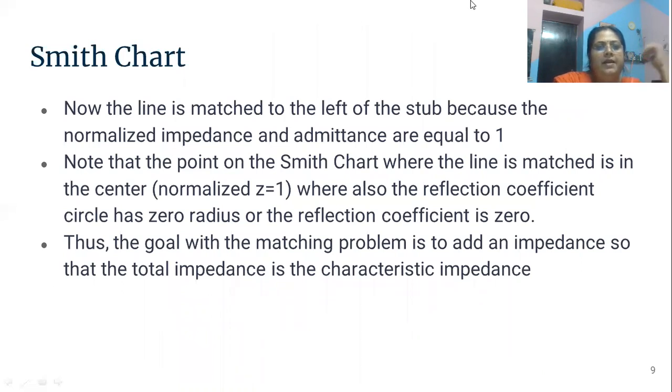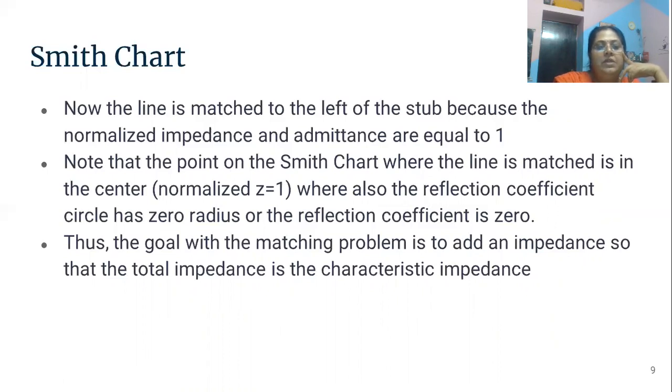Now the line is matched to the left of the stub because the normalized impedance and admittance are equal to 1. We have taken the value as 1. The point on the Smith chart where the line is matched is the center, that is, the normalized value of Z is 1, where the reflection coefficient circle has 0 radius, or the reflection coefficient is 0.